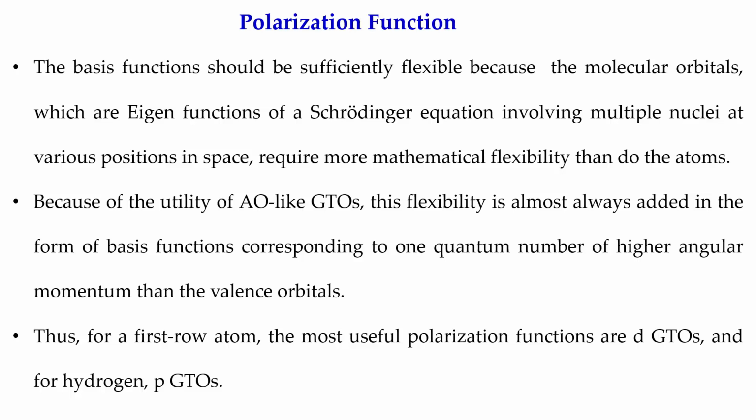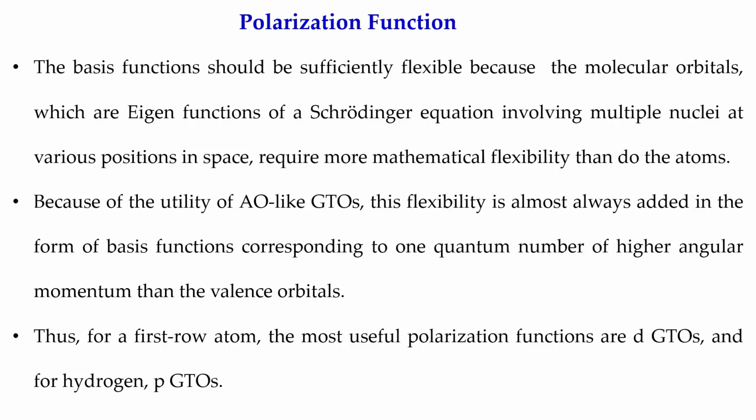So for first row atoms, the most useful polarization functions are d-type GTOs. The highest level there is the p orbital, so the next higher angular momentum orbitals are d.